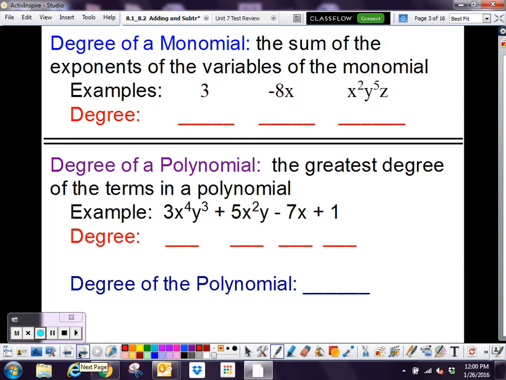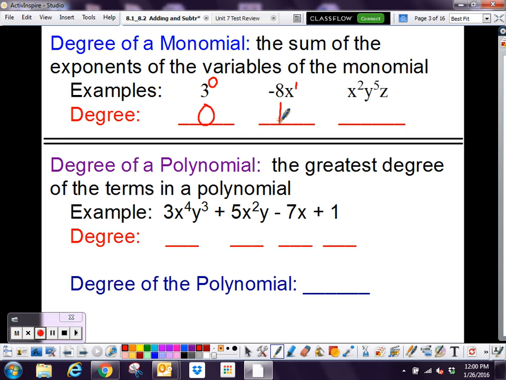Okay, we're going to talk about the degree of a monomial. The degree is the sum of the exponents of the variables of the monomial. Okay, so we're going to look at this number 3. Okay, think about what exponent is on this 3. Really, it's just a 0. So your degree here is 0. Now, if we look at negative 8x, there's a 1 on that, so our degree is 1.